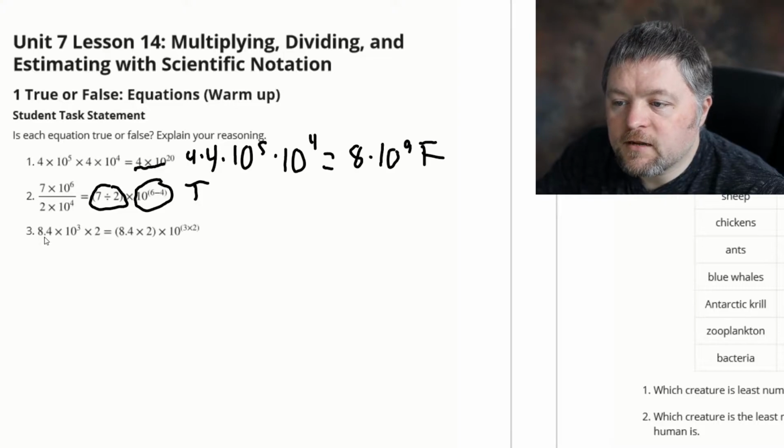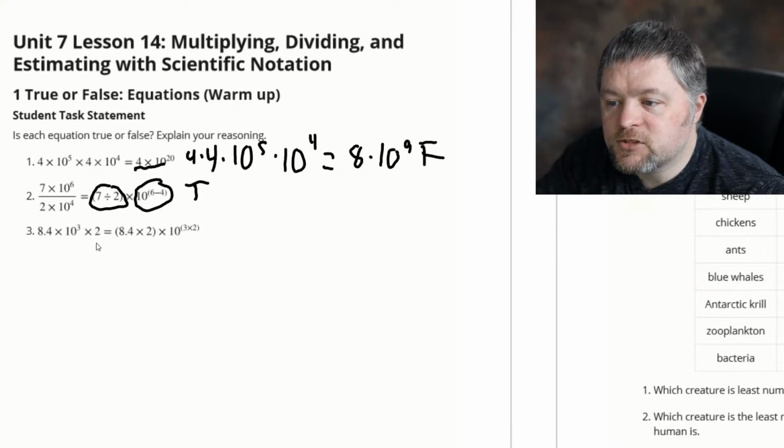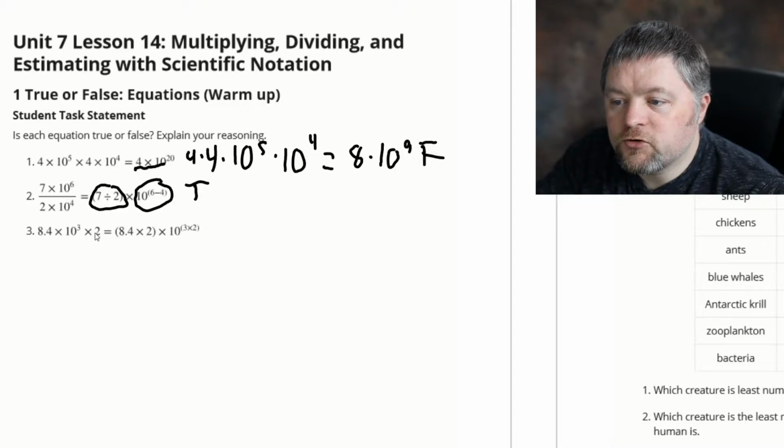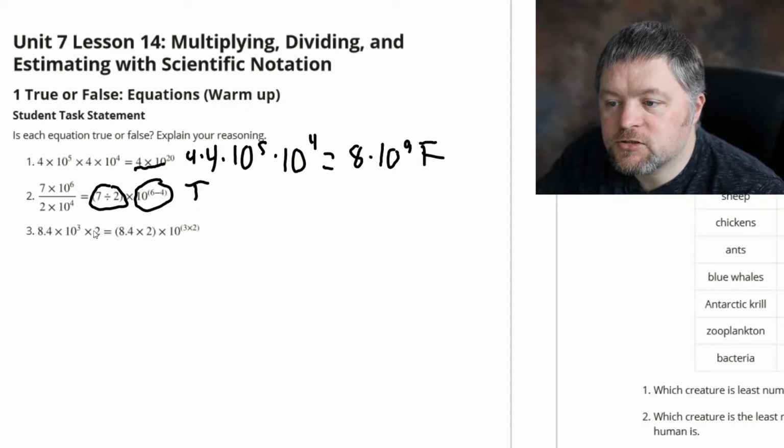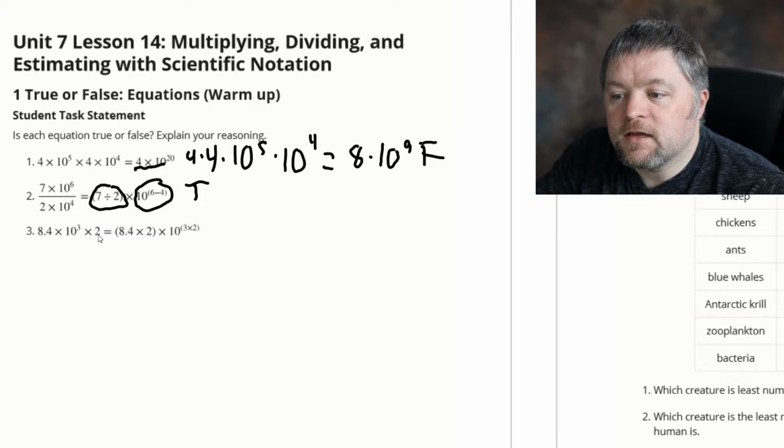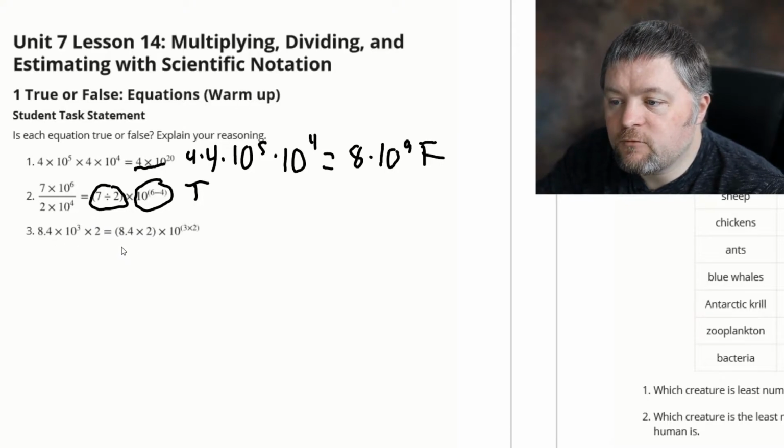Number 3, 8.4 times 10 to the power of 3 times 2. If we were to rearrange so the individual numbers are together, we would wind up with 8.4 times 2.